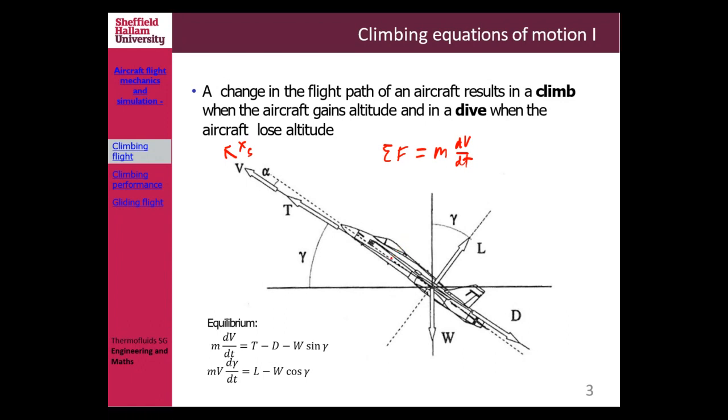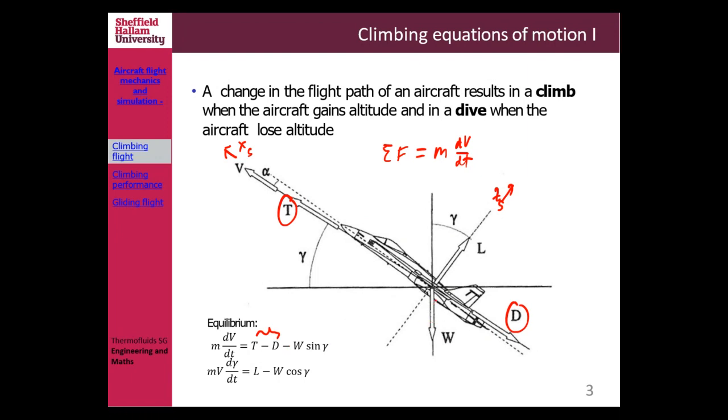And this is your z in that direction, z_s. Then in x_s, your sigma force is basically thrust minus drag, right? So that's what is there.